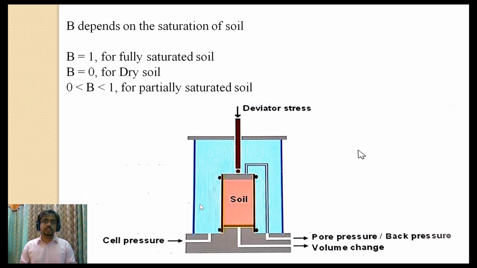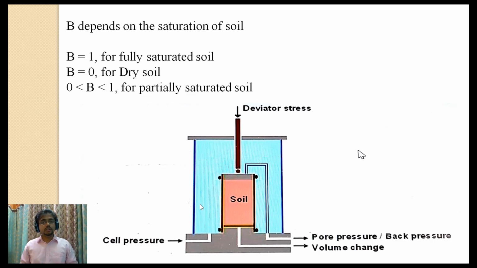If we have a partially saturated soil, the stress will be distributed in the sample. Now the sample is going to have some pores which are filled up by water and some pores which are only filled up by air, and there are soil solid particles. As I told you, the first load will be taken by the water molecules.